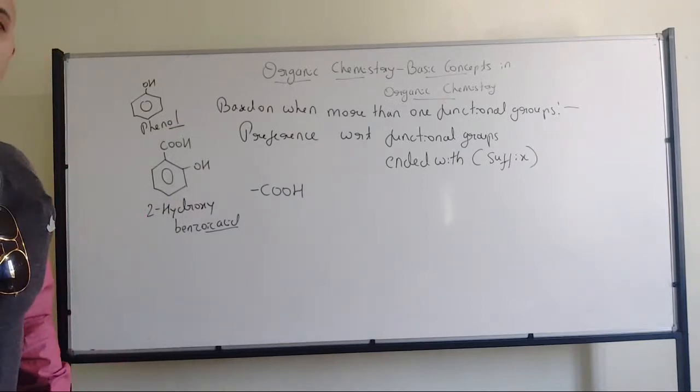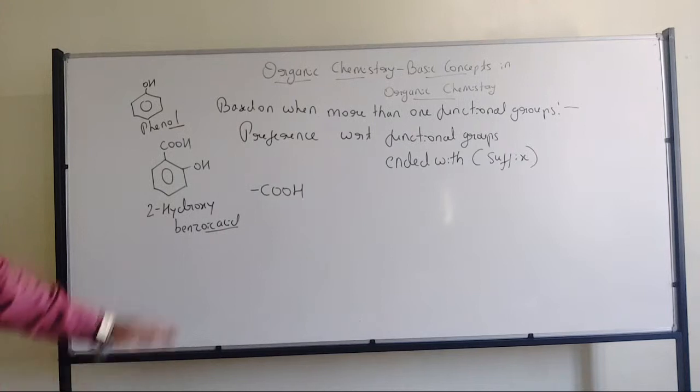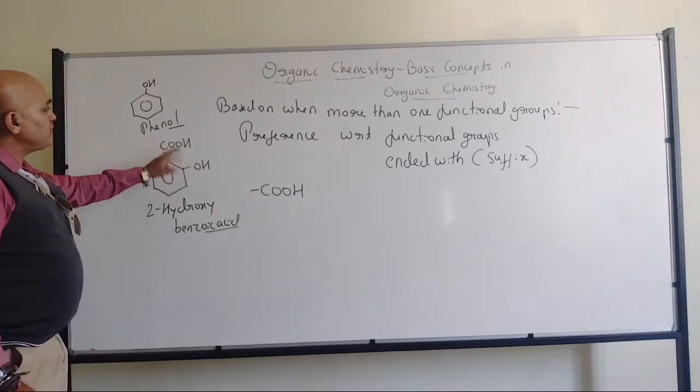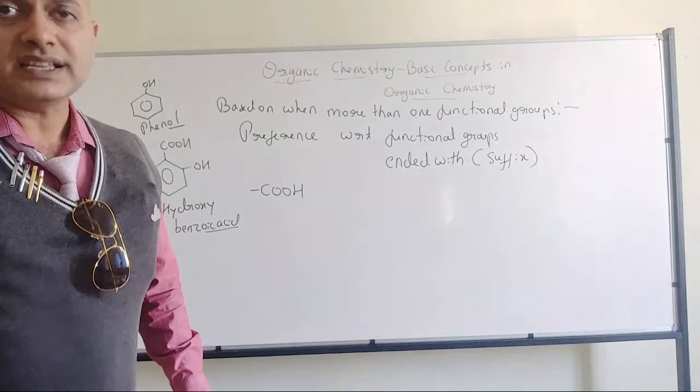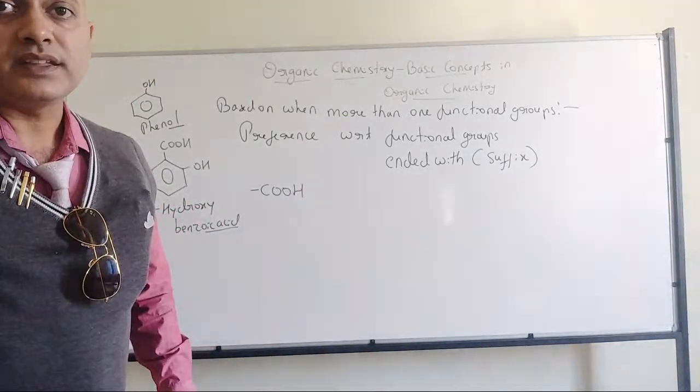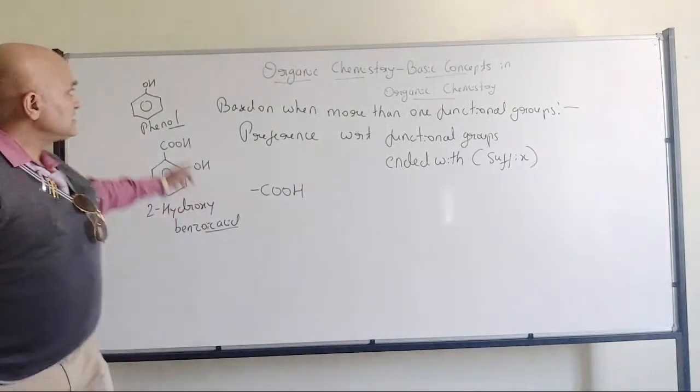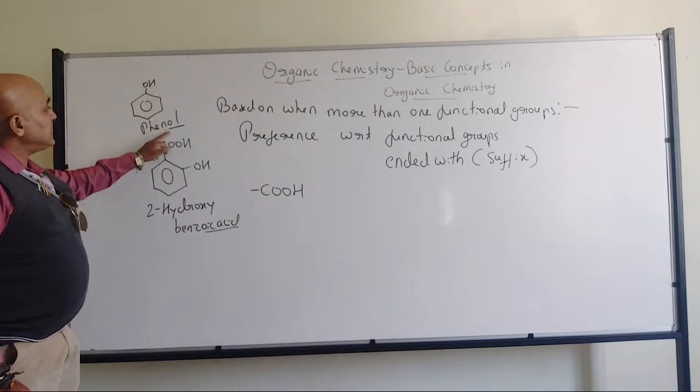All of you have understood? Any doubts? That's what this preference list talks about. Don't get confused. When we have more than one functional group, which functional group should be given importance? That's what I mean to tell. When OH is alone, the molecule name ends with OL.